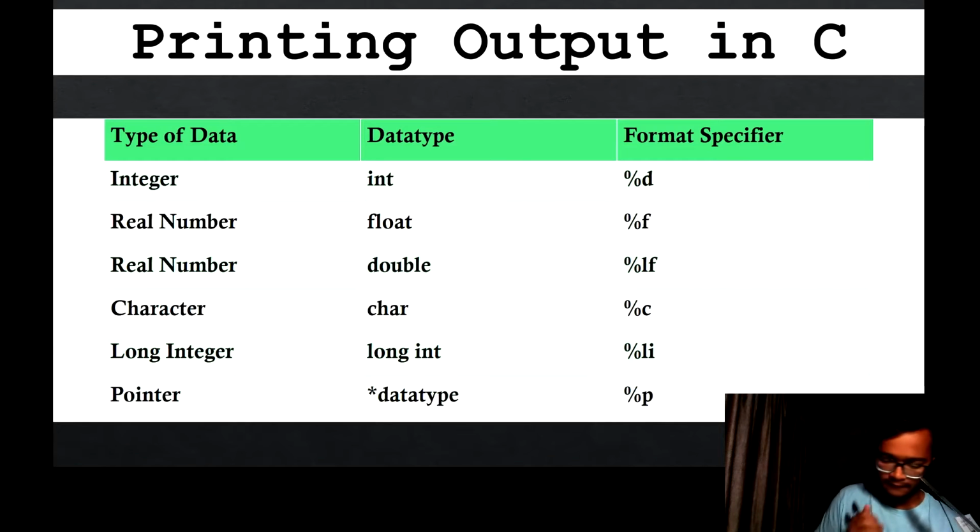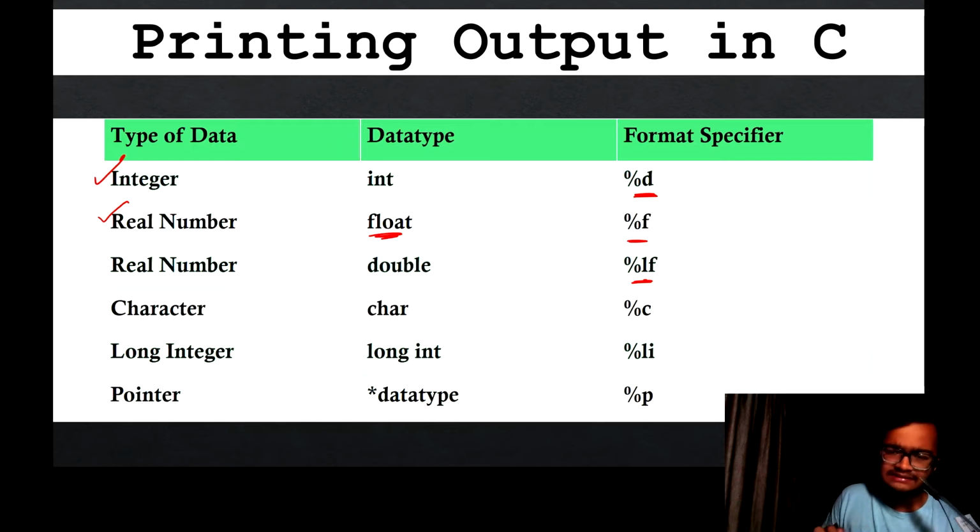At the first case we have integer. If you want to print a variable which is an integer data type, we use this format specifier, which is %d. If you want to print a real number data type which is a float type, we use %f. If you want to print a real number output of double type, that is long precision, that means many places after decimal, we use %lf, that means long float indirectly.